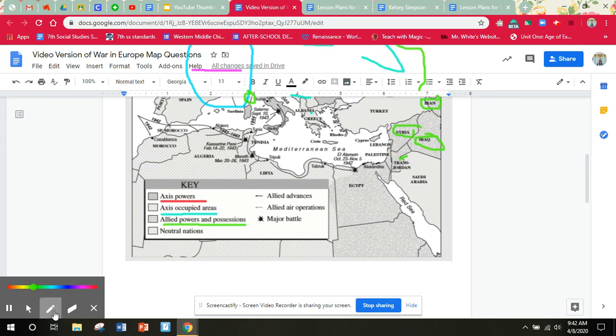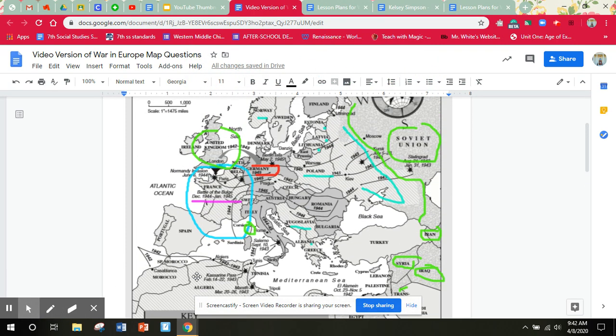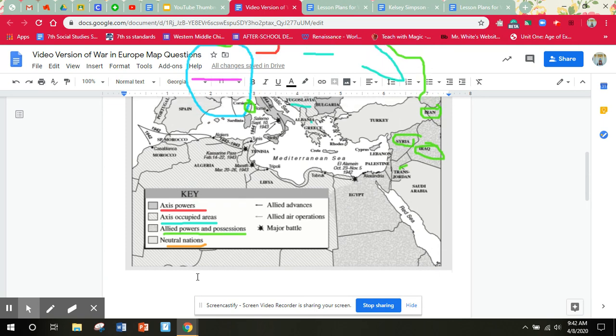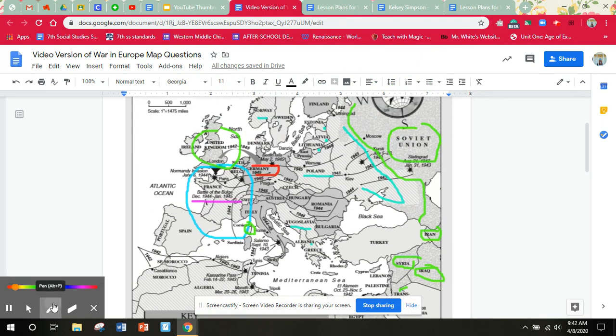And then you've got neutral nations, which I always think is fun. You've got these neutral nations down here, and we see that their color is a very light gray. You've got Portugal and Spain, you've got Morocco. And then right in the heart of all the fighting, you've got tiny little Switzerland here.